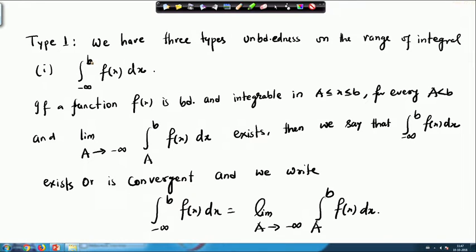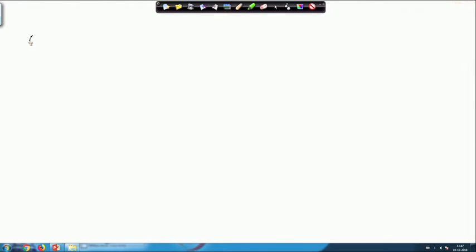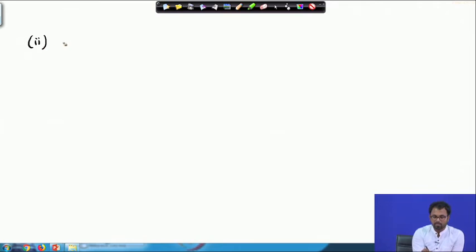In type 1 category, another type of integral could be of this type. Let us say we have a to infinity f(x) dx.